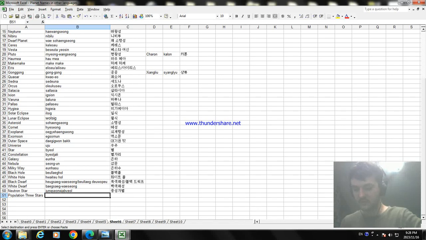Okay, so here it is. Population 3 star. A population 3 star is a hypothetical population of extremely massive, luminous, and hot stars with virtually no metals, except possibly for intermixing injected from other nearby early population 3 supernovae.